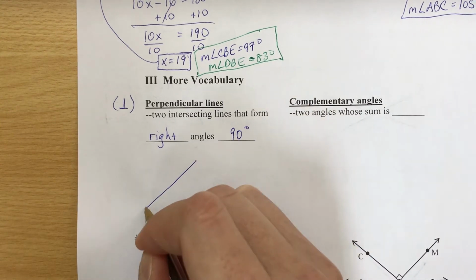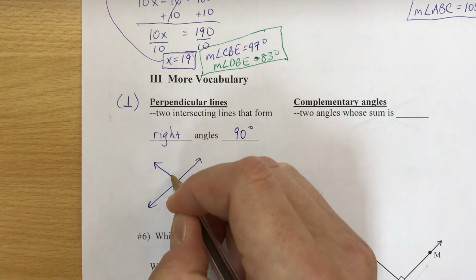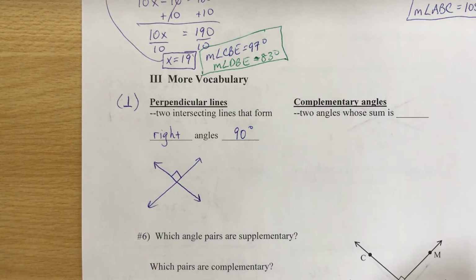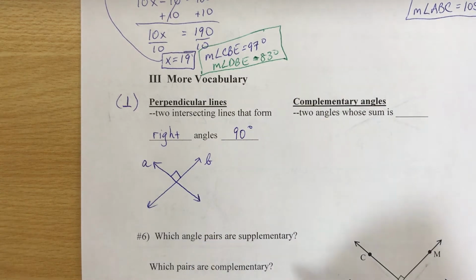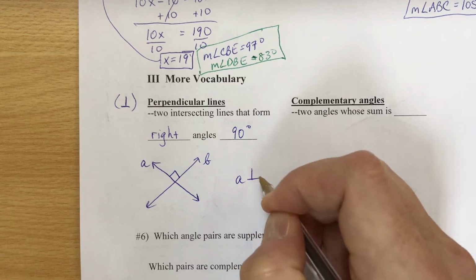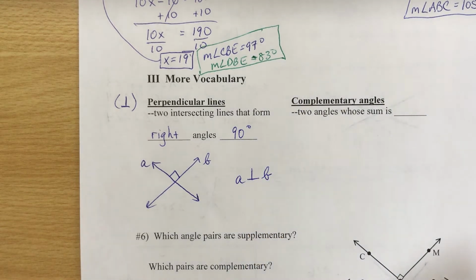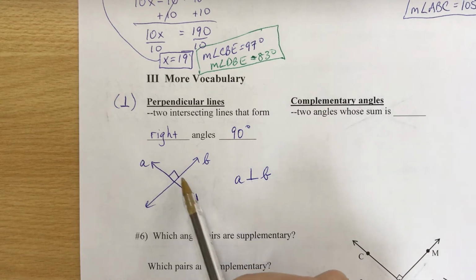So if I draw two lines here, and if you see a box there, let's call this line A and this line B, we would say that these are perpendicular. A is perpendicular to B. Line A is perpendicular to line B. So perpendicular means it forms 90.